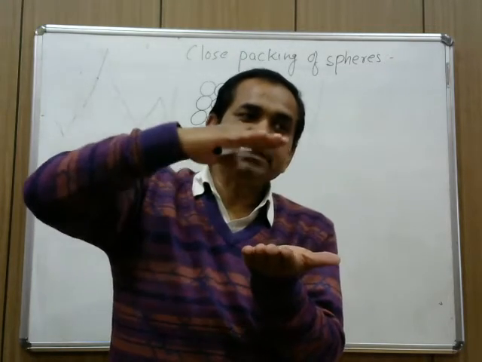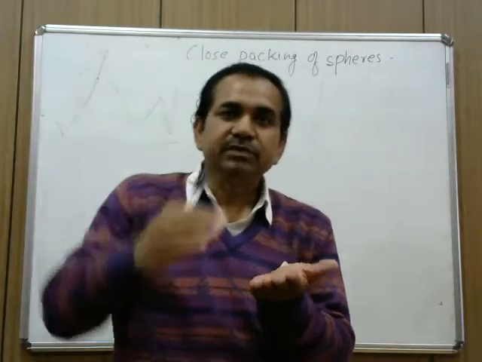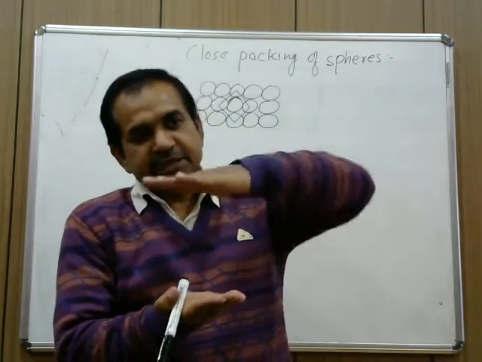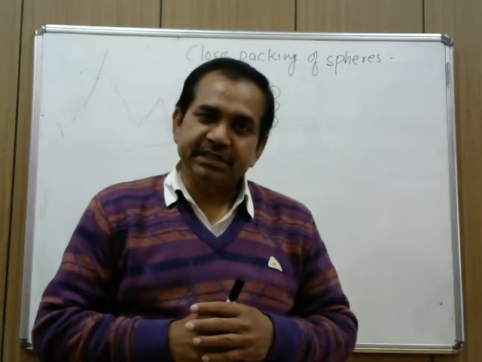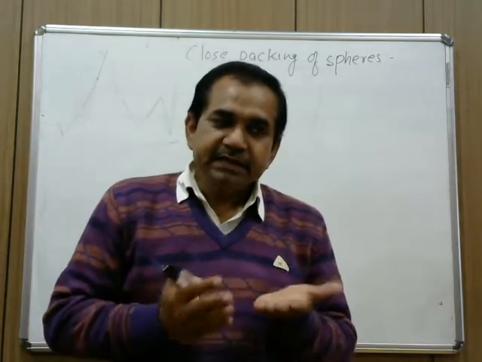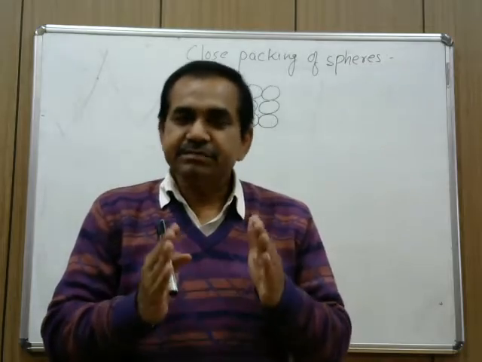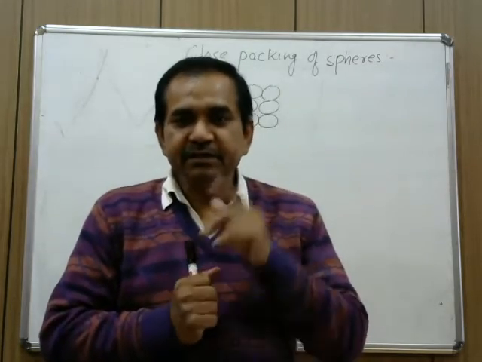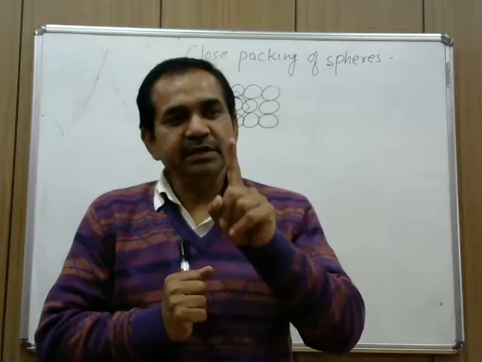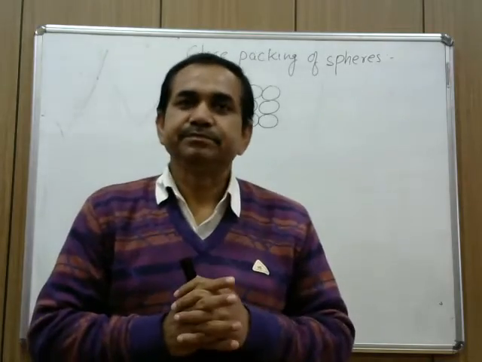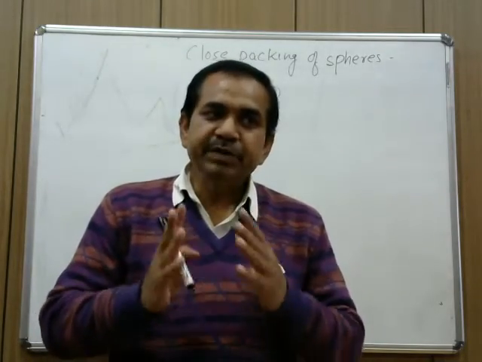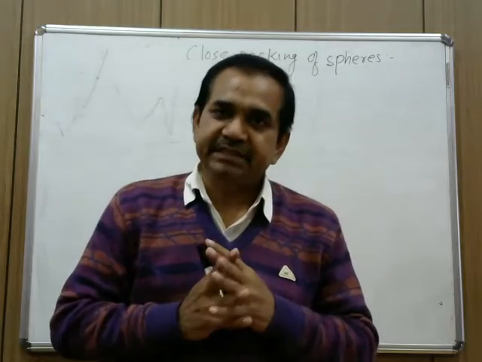In the similar way, for the third, fourth and fifth rows, the spheres are stacked one above the other. That is how, when it is extended in the third direction, it gives rise to actual 3D packing, which is called simple cubic lattice, where a primitive cubic unit cell is present.